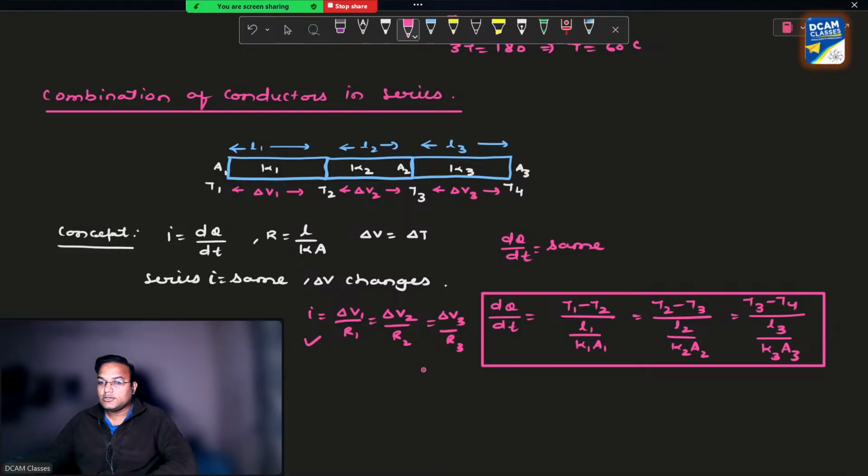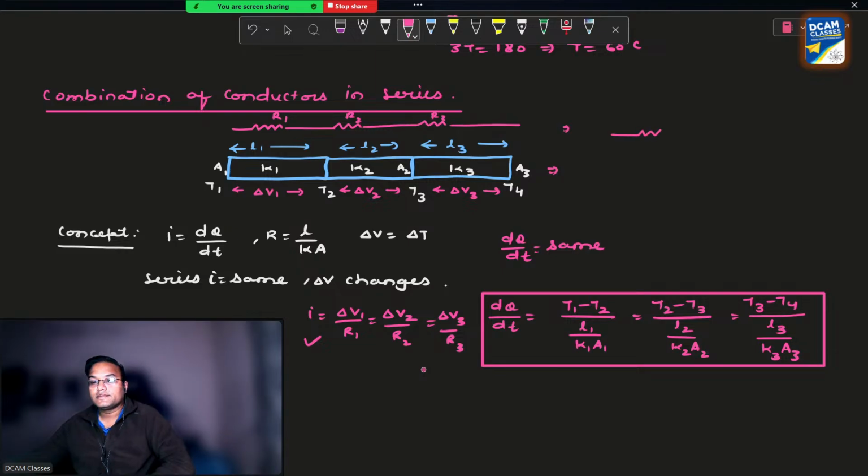And also we can convert, since we are thinking of these as resistances, the resistances R1, R2 and R3, we can make an equivalent resistance for this, R equivalent, which will be R1 plus R2 plus R3.